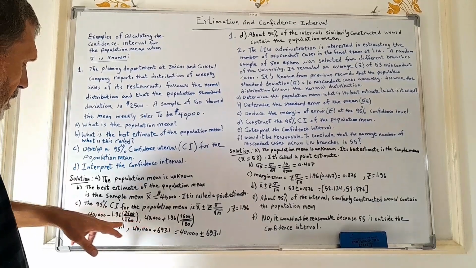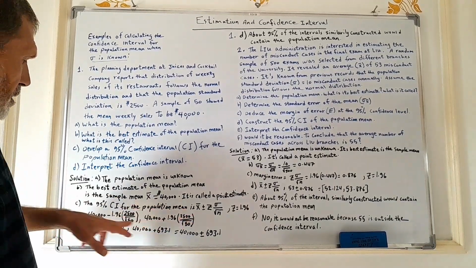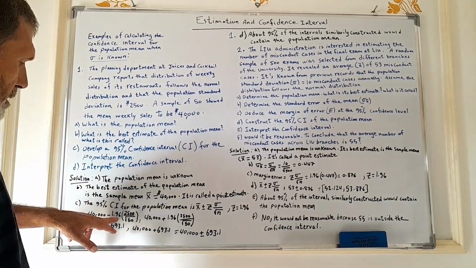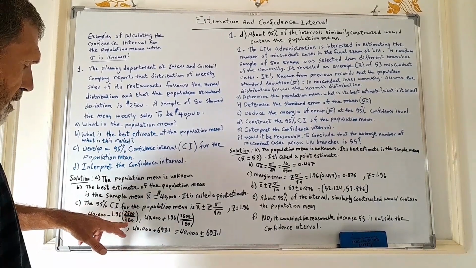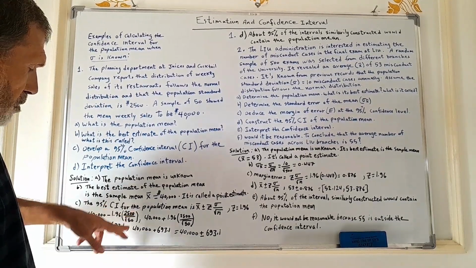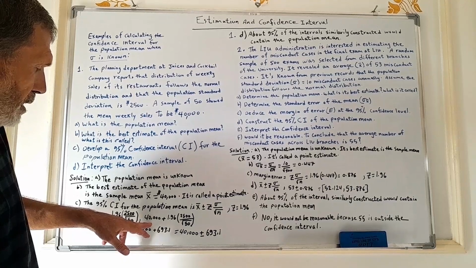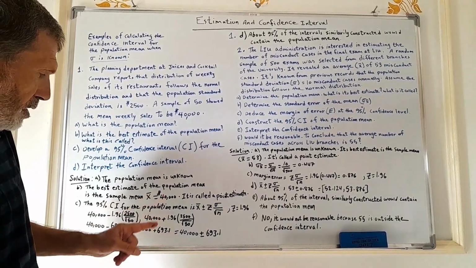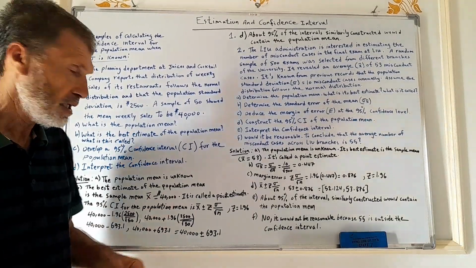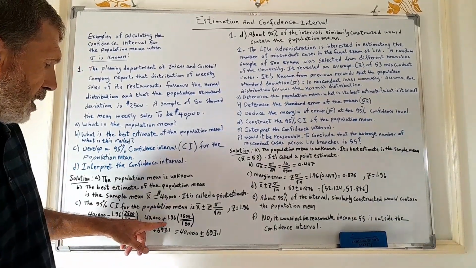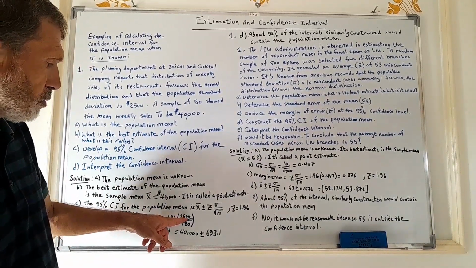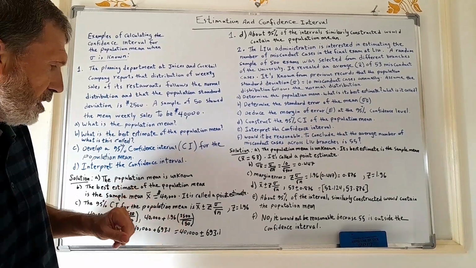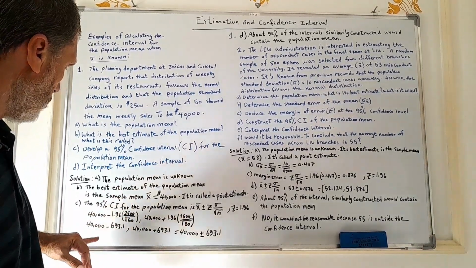We come up with 40,000 minus 1.96 times 2,500 over radical 50. The other limit of the interval is 40,000 plus 1.96 times 2,500 over radical 50.